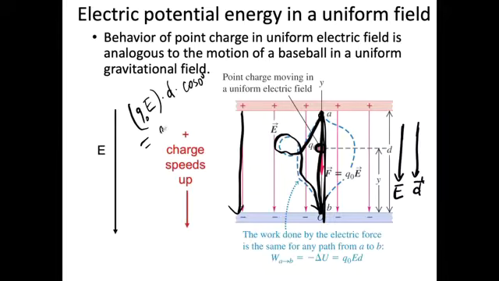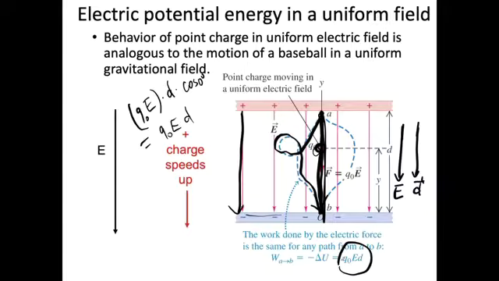The work done is Q0Ed. So in this case, a positive charge moves from the positive end of the electric field to the negative end. The work done by the electric force is positive and is given by Q0Ed.